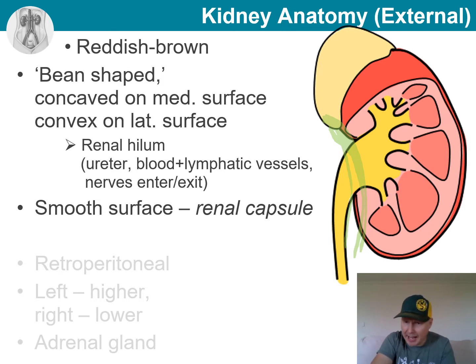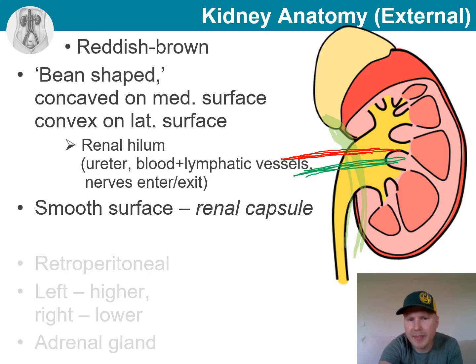Internally at this area, we have the renal sinus inside the kidney. And I think that is shown even in this figure that I included. The reason why I wanted to highlight this is that at the hilum is where the ureters, renal blood vessels, lymphatics, and nerve vessels enter and exit the kidney.